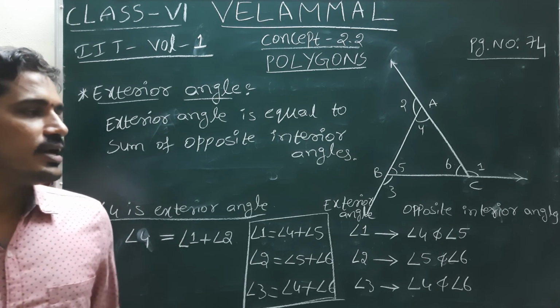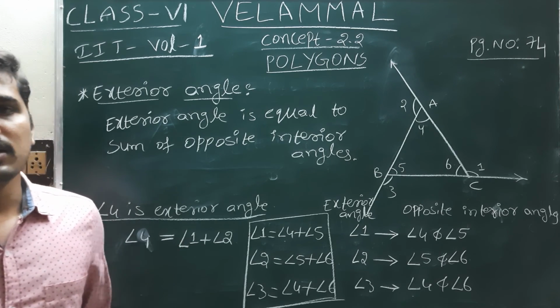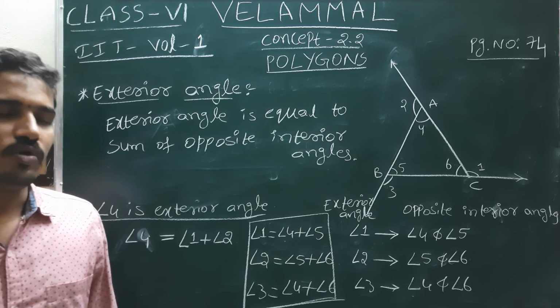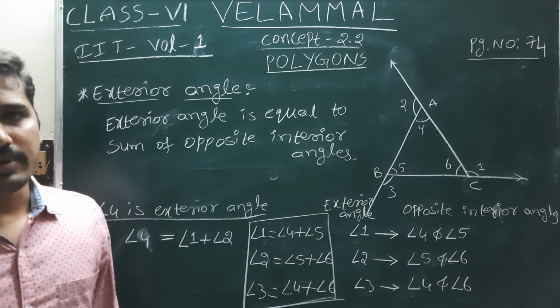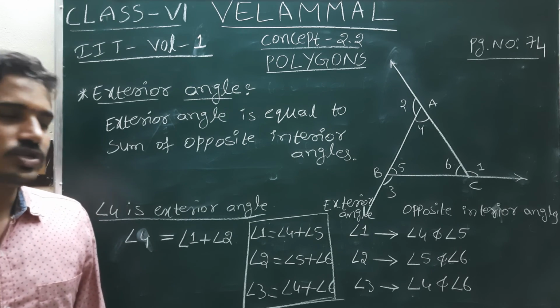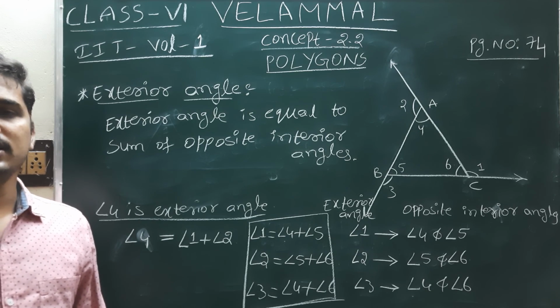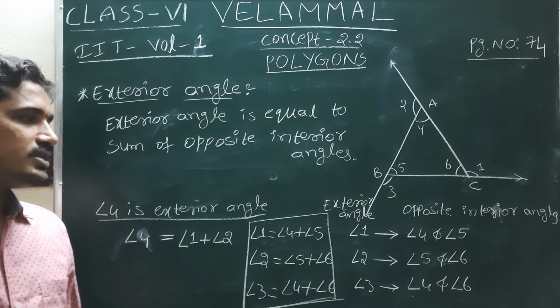In an obtuse angle triangle also, one angle will be more than 90 degrees, and the remaining two angles will be acute angles. So there is the maximum chance to get one right angle and one obtuse angle.